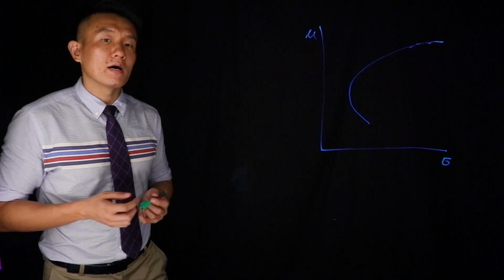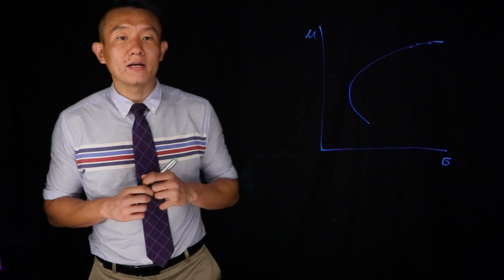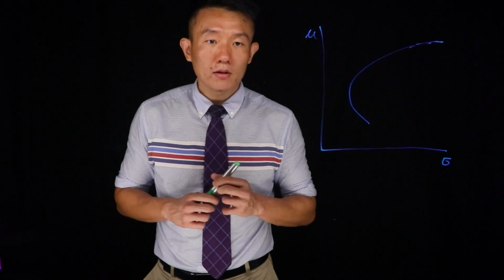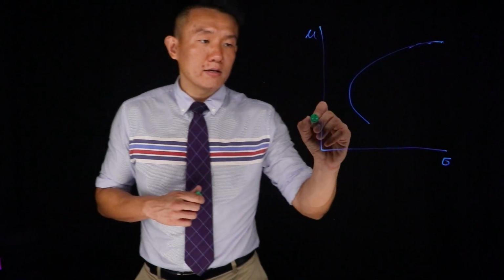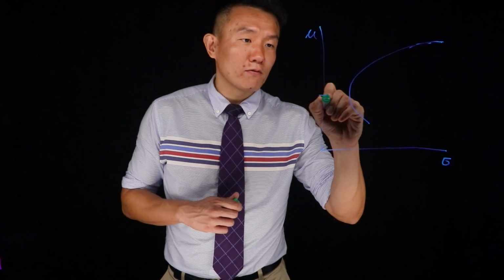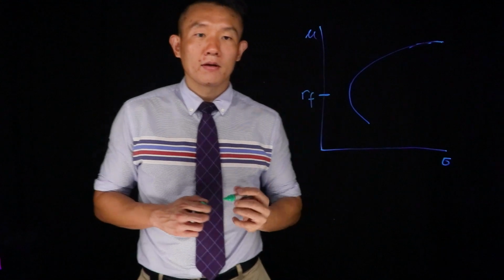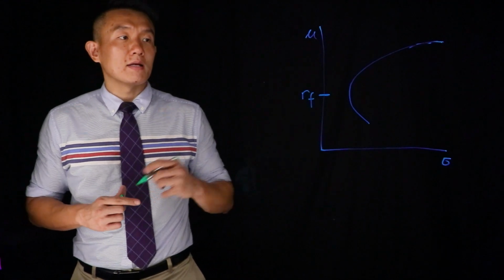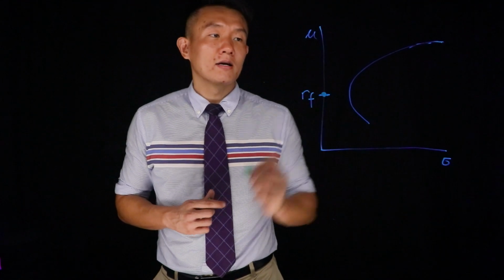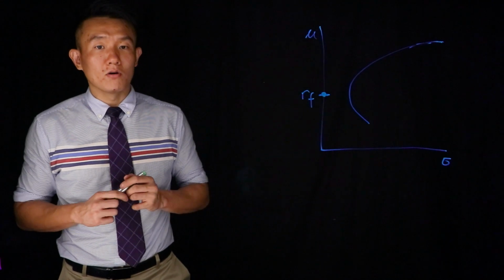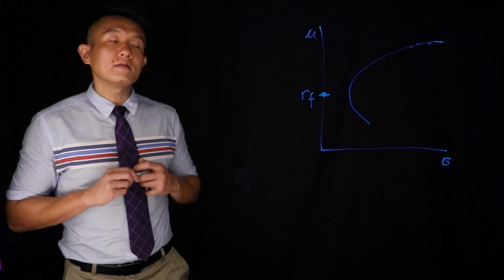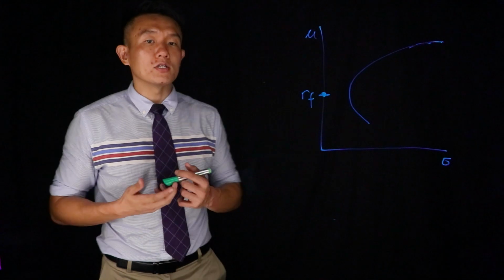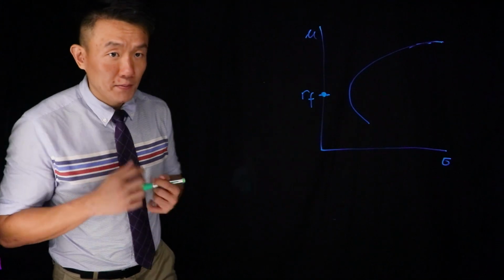Well, in order to do that, we need to introduce a risk-free asset. So let's imagine that there is some risk-free security, like a treasury bill, that allows us to get a guaranteed return with no risk. This is going to change our calculation a little bit.